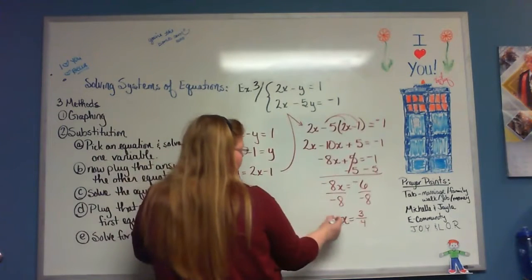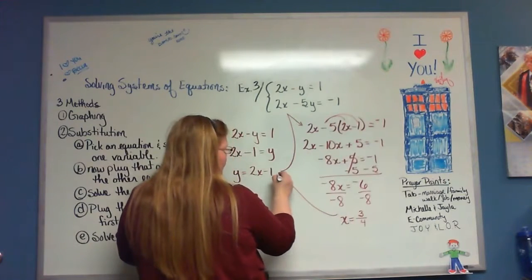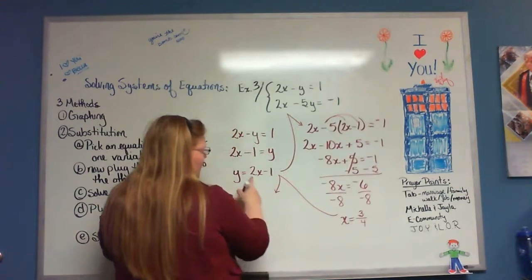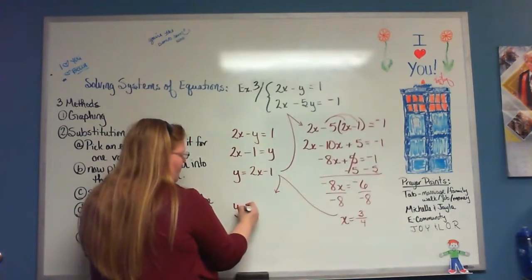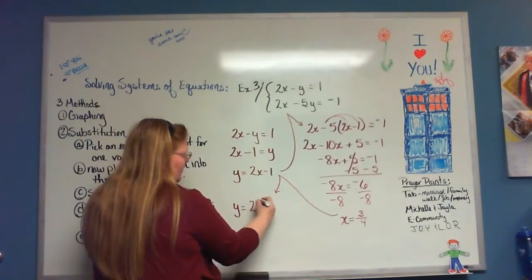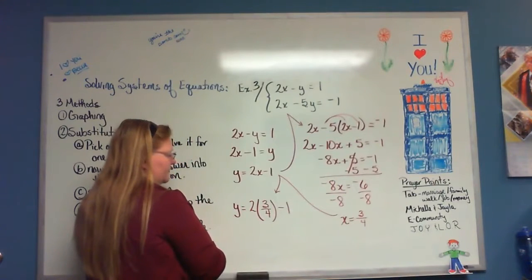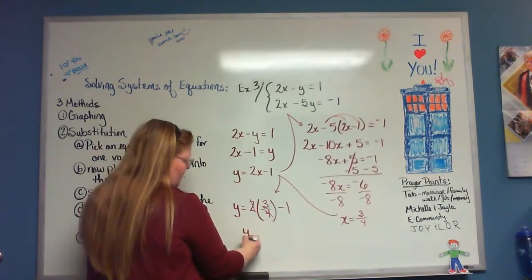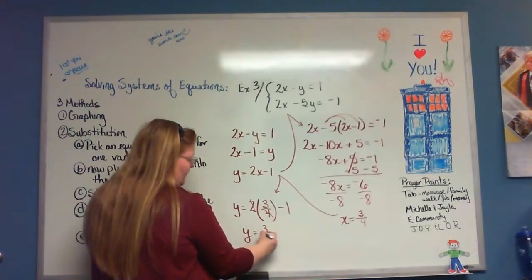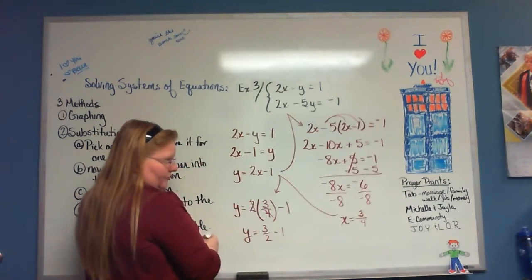So once again, now that I've gotten this part, I want to take it back to my easy one to plug into, which is the one that's already solved for y. So that's going to mean that y is equal to 2, and then in parentheses, 3 over 4 minus 1. Well, it is true that they cancel out, and you get y equals 3 over 2 minus 1. And I happen to know that 3 over 2 is really 1.5.